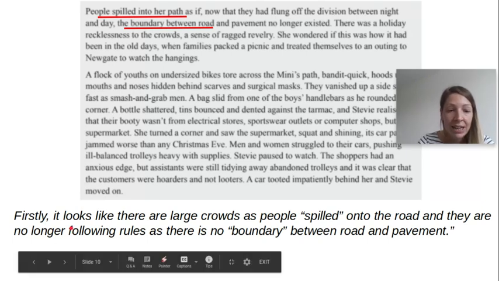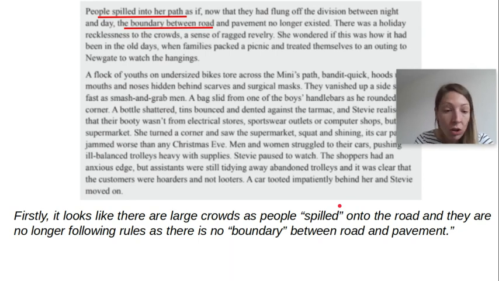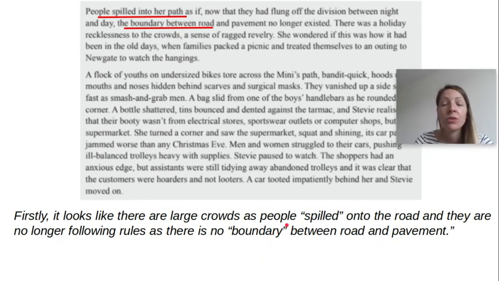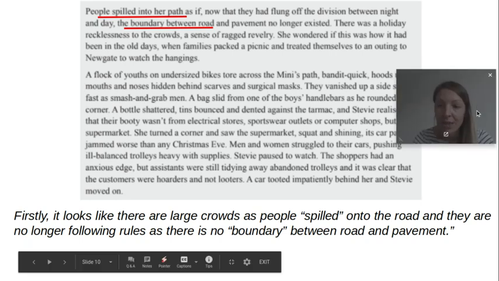Firstly, it looks like there are large crowds of people as people spilled onto the road. Tick, I've got a mark. They're no longer following the rules as there is no boundary between road and pavement. So you guys would continue the answer using the evidence that tells you something about setting. And there's a lot here.